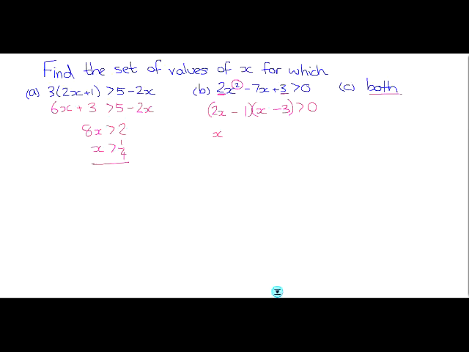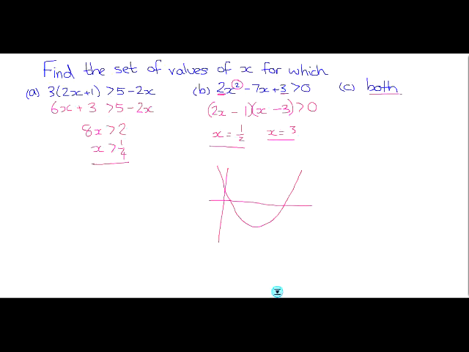Okay, so let's solve that. So x is equal to a half, and x is equal to 3. So this is where it starts to get interesting. But before I do that, when it's quadratic, it always helps to sketch the graph. So these are both on the positive side.